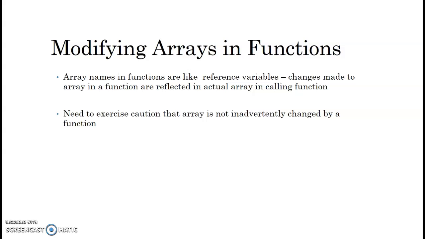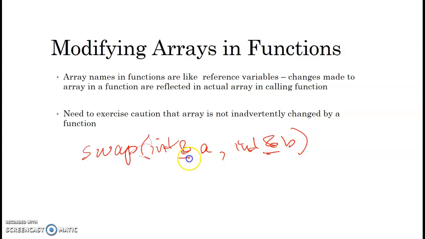Previously, when we wrote swap to accept int &A, int &B, we had to use the ampersand to say I'm passing A and B by reference. So anything that you do to A and B while you're in the function swap will be reflected back in the main function that called it. The actual memory changes.